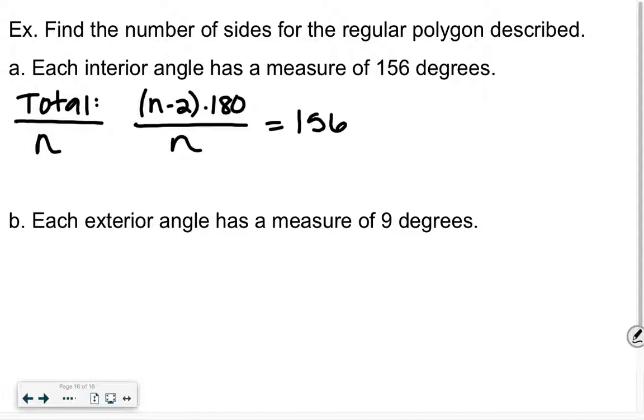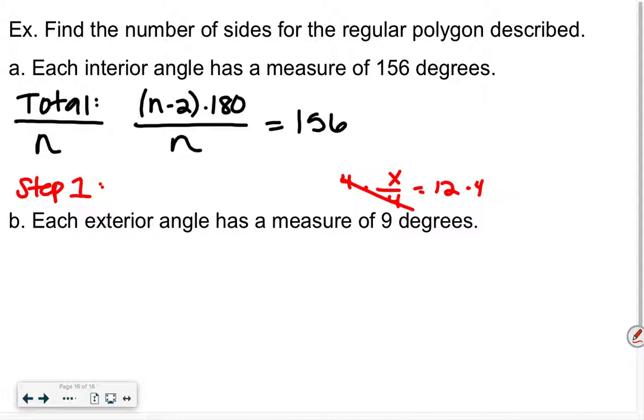So here's where, if you're great at algebra, we'll be good to go. If not so much, it might be a little tricky for you. The first thing I would do always on a problem like this is get rid of that fraction by multiplying by the denominator. If I had an equation that looked like this, I would multiply by 4 on both sides and get rid of the fraction, because the fraction is just division.